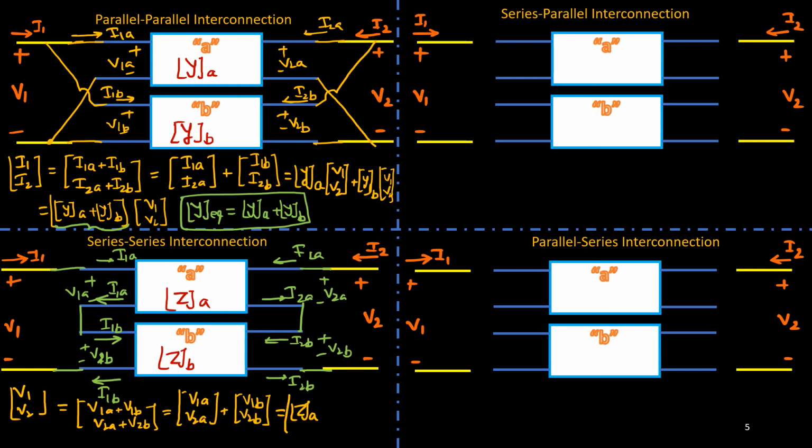So I can have it common here, ZA plus ZB times I1, I2. So this is your equivalent Z.